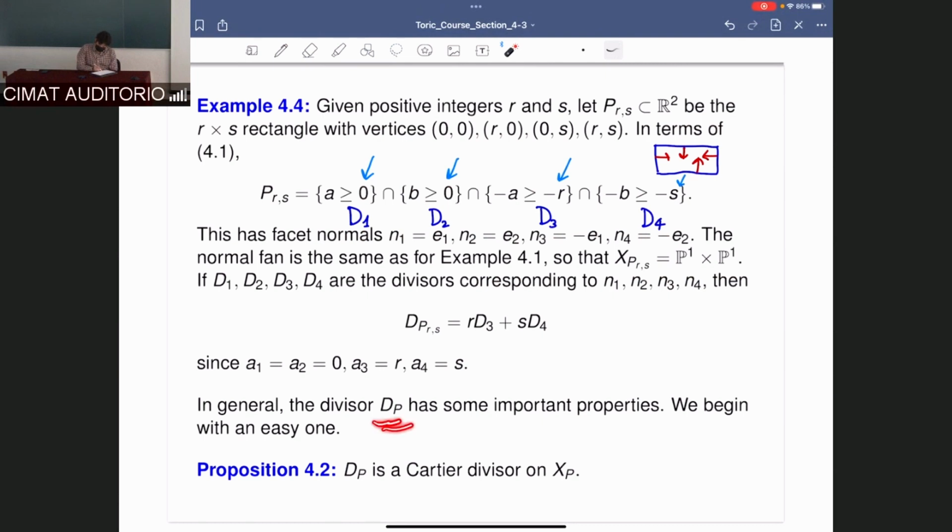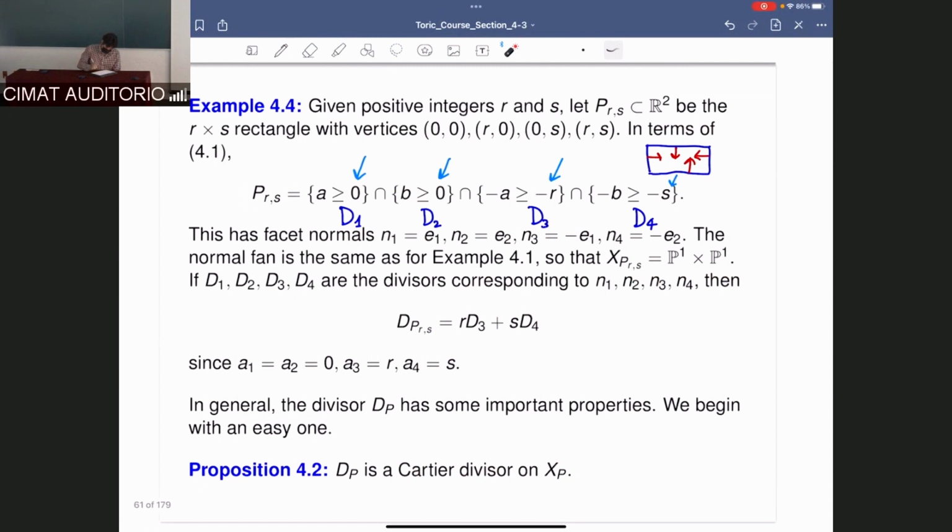This divisor has very important properties. I don't know how easy this one really is, but it's easier than some other ones, so let's call it easy: it is a Cartier divisor. Let me say one quick word about what that means.